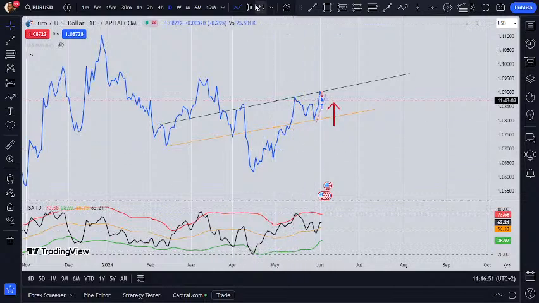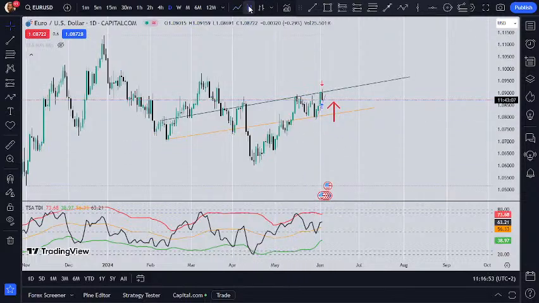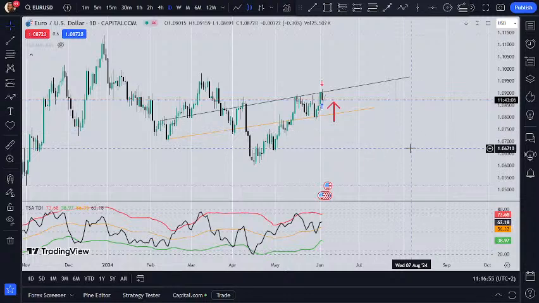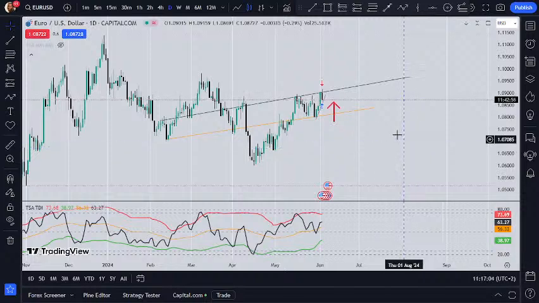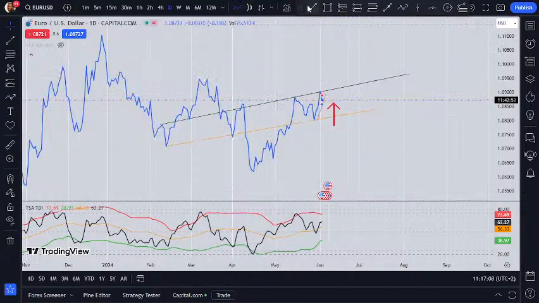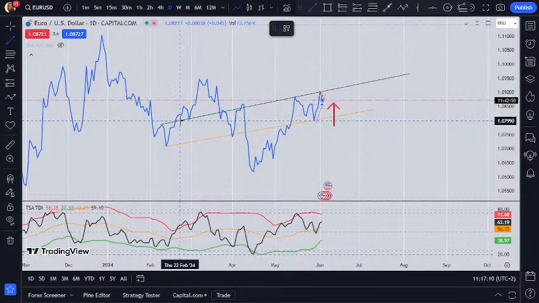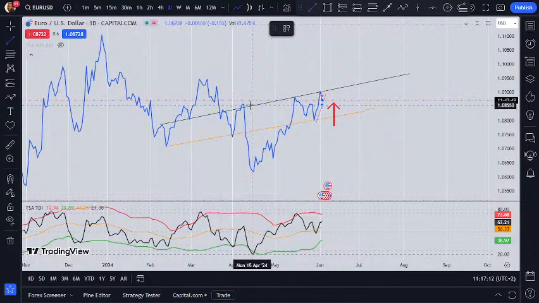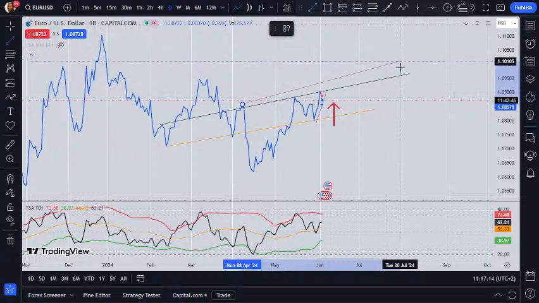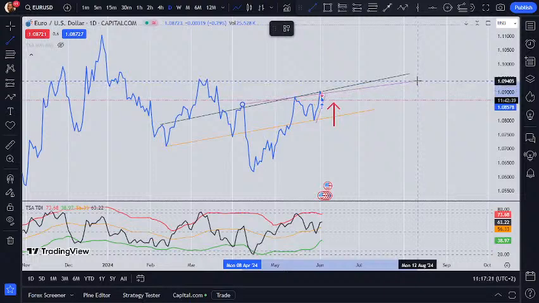Let me just get back to the right. You see how perfect it looks in the candles. If you want, you could have done this. You could have not even come all the way here. It gives you approximately that level.